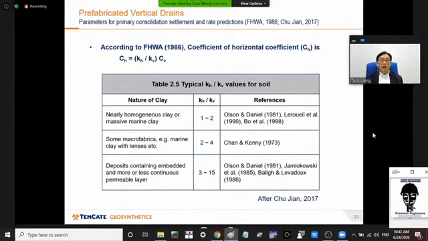Generally, the horizontal coefficient of consolidation is higher when compared to vertical. And that's because the permeability in the horizontal direction is generally higher for soft clays. It could be due to thin sand lenses that are deposited that help to make it more permeable.